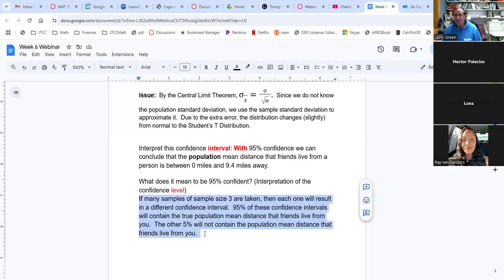If you had looked at 3 different friends, you'd have a different mean, right? 95% of these confidence intervals will contain the true population mean distance that friends live from you. The other 5% will not contain the population mean distance that friends live from you. Any questions on that idea?